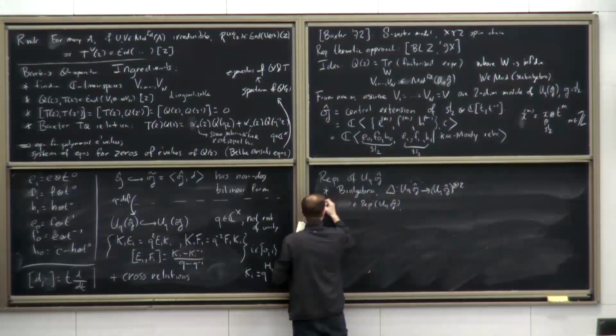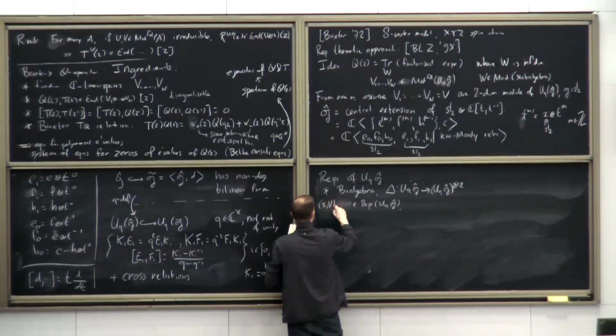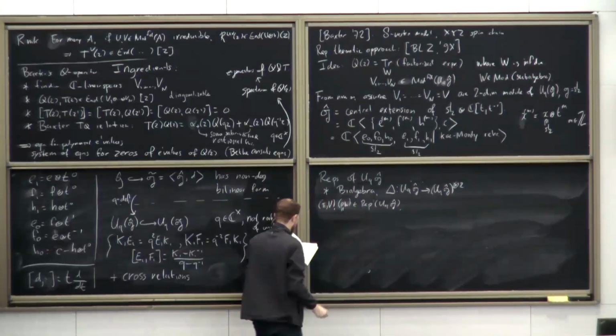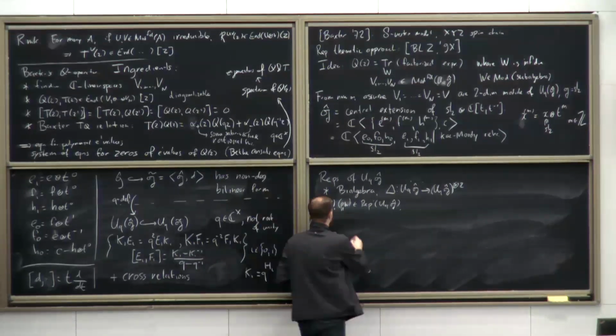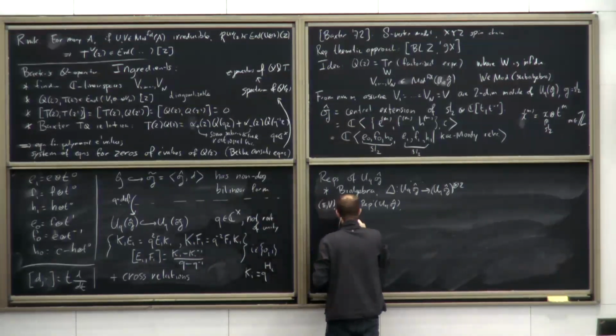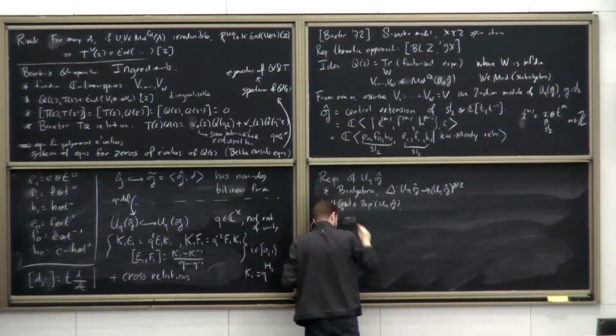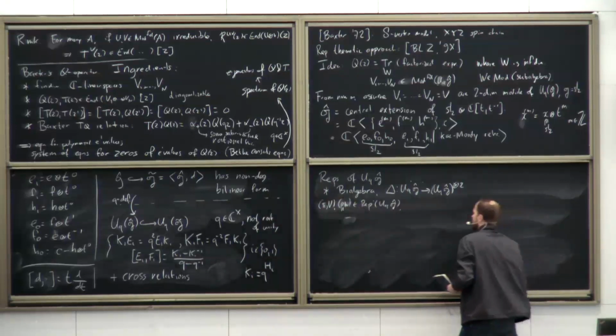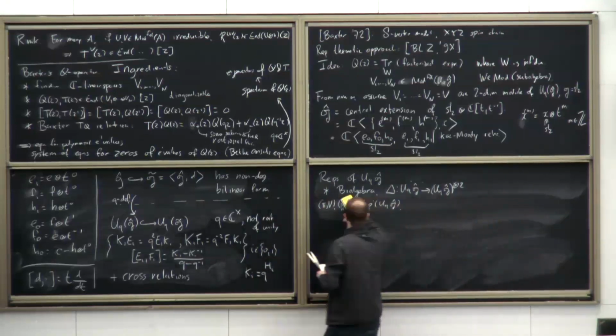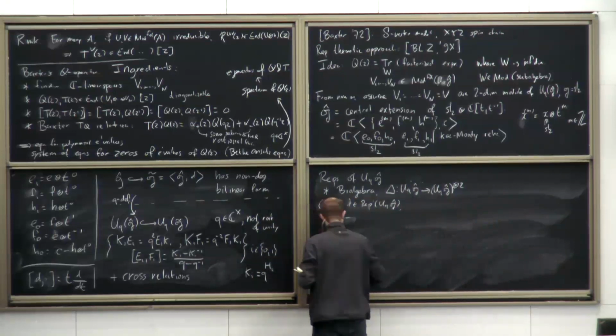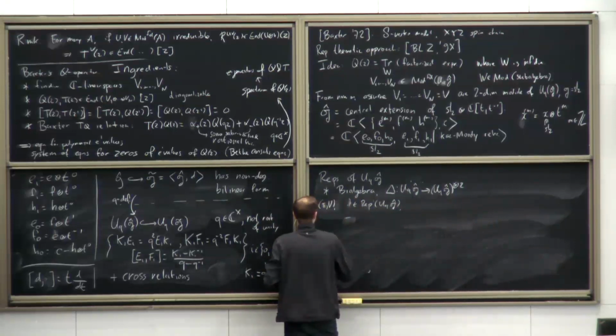Let me write it like this. Pi V, rho W. So pi and rho are the actual maps. Then I can define the representation. Sorry, it's a slightly different notation here. Pi subscript V and pi subscript W. Then you can define the tensor product representation.